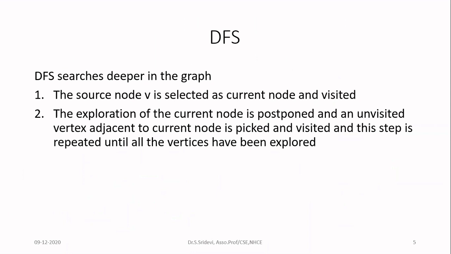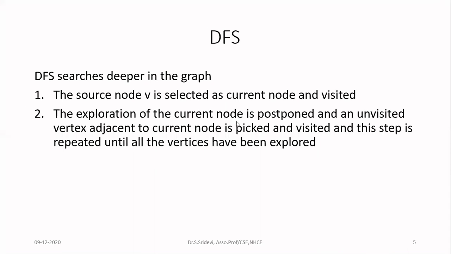So first, the source node B will be selected as the current node and you will mark the node as visited. And then once you visit this source node, you are going to do the exploration process. Exploration in the sense, you are checking for all the neighbors of the source node. Okay, now I'm going to stop that exploration with respect to the source node.